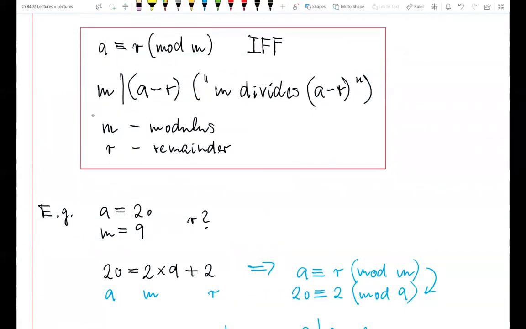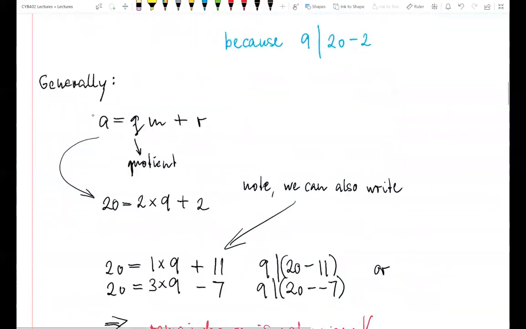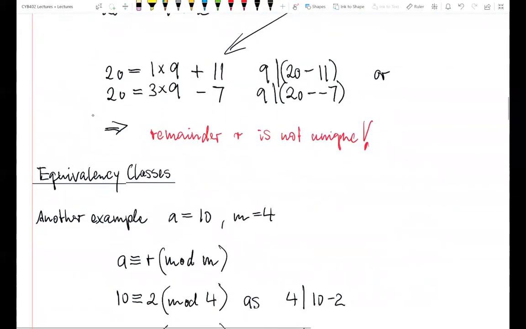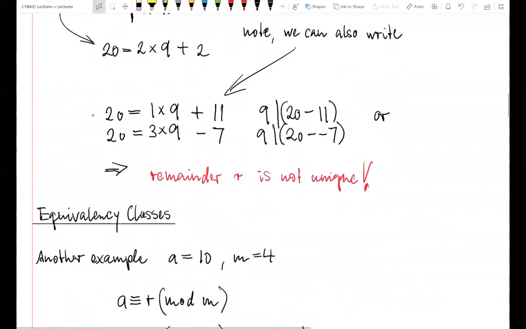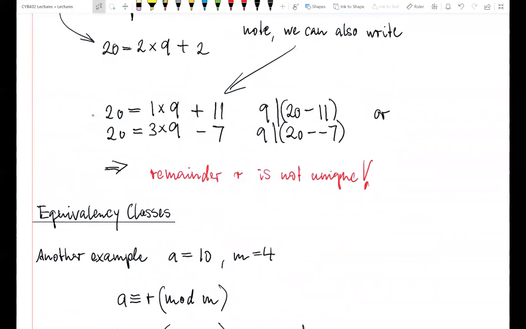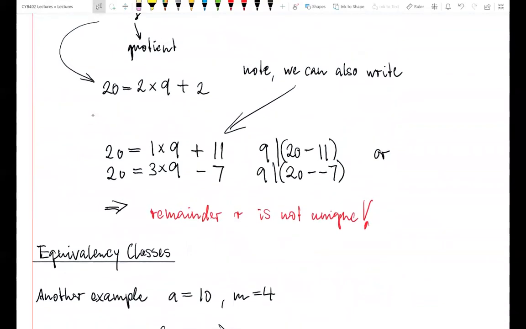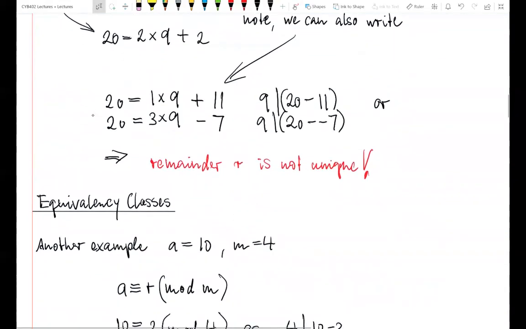And that's kind of surprising. So in other words, our remainder is not unique, which means our A may be congruent to a lot of numbers. And if our set of numbers is infinite, it's congruent to an infinite set of numbers.